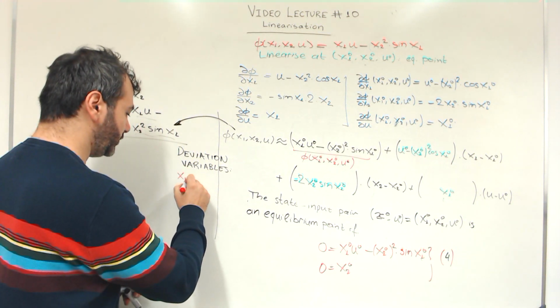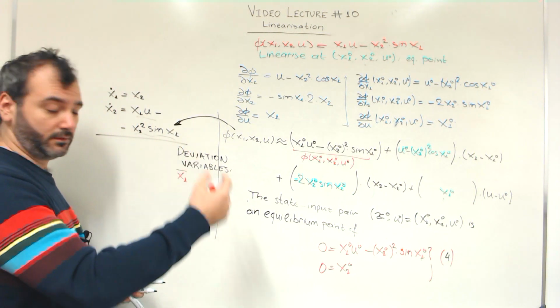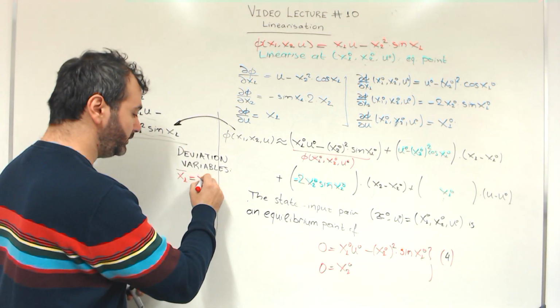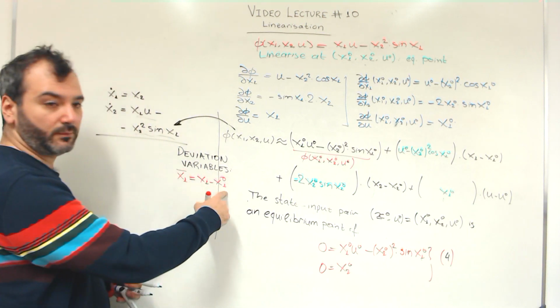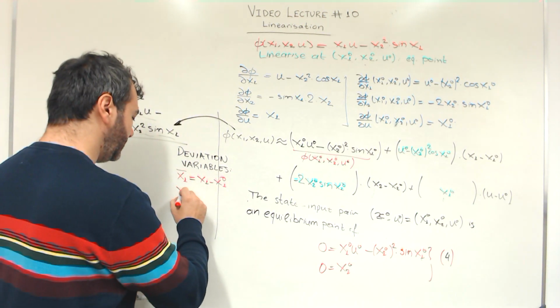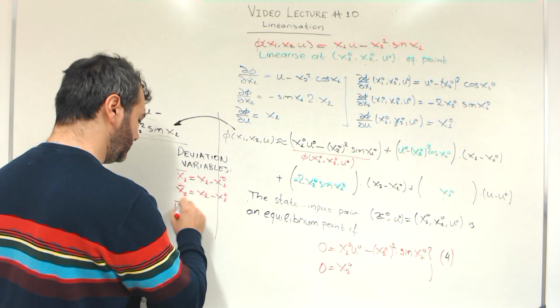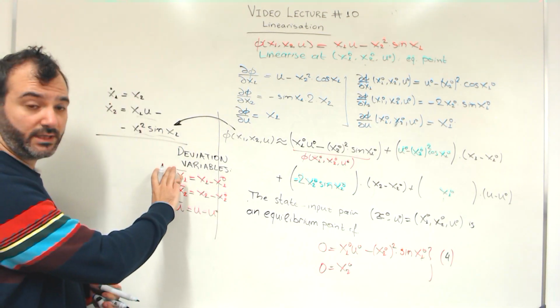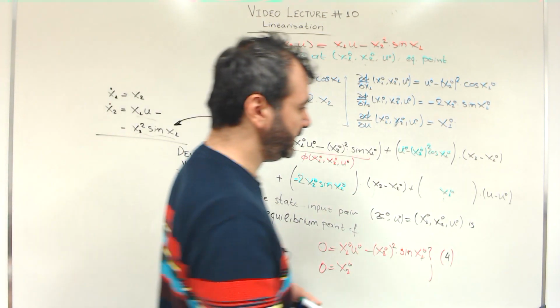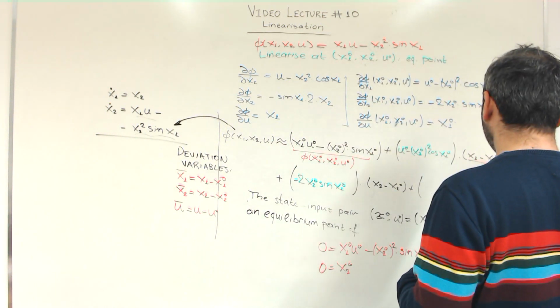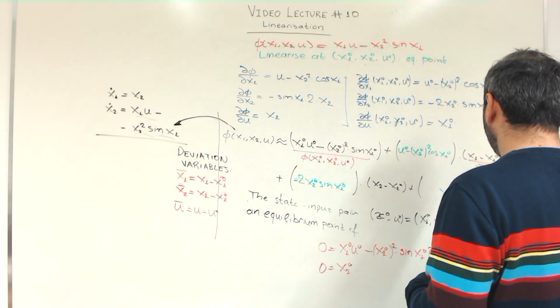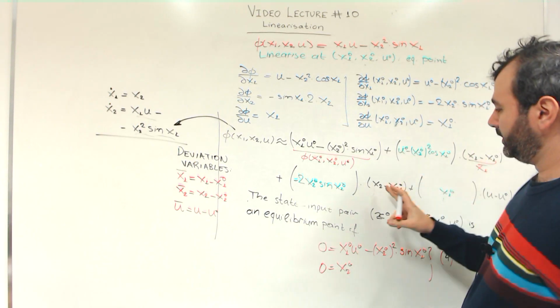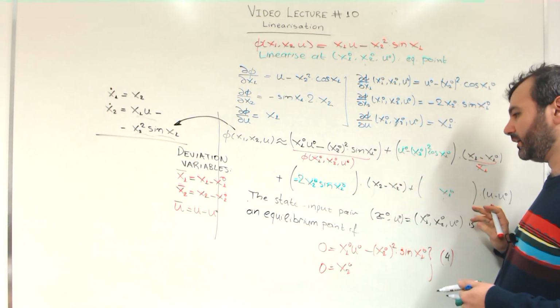So you will need to introduce a variable x1 bar, a deviation variable for x1, x1 minus x10, and similarly for the others. So introduce these variables. You can see here very easily, for example, that this one is x1 bar, this one is x2 bar, this is u bar, and so on.